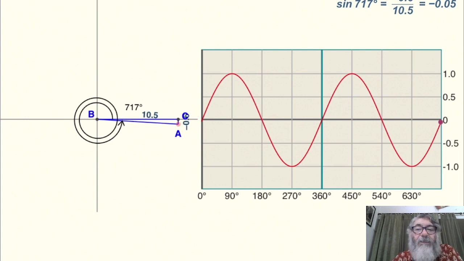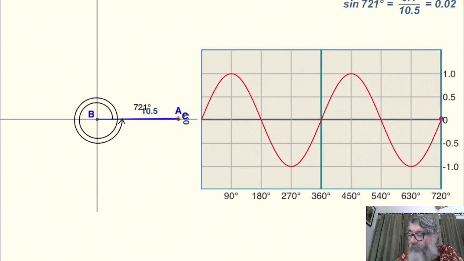The period is 0 to 2 pi. 2 pi is the period. After every 2 pi, you see, 0 to 360 was there, then 360 to 720.